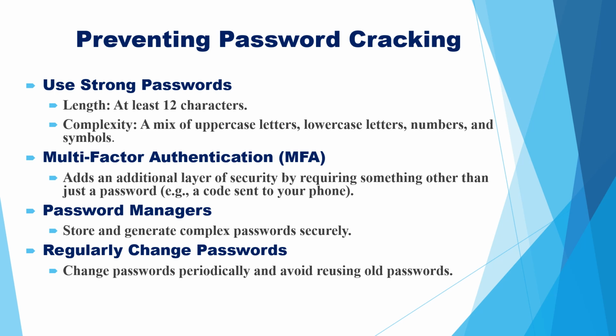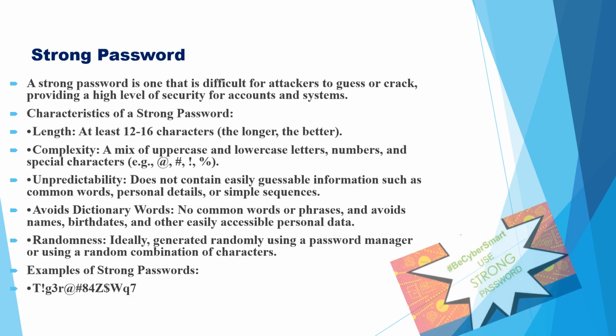The next method is a password manager, in which we store and generate complex passwords securely. The fourth preventive method is to regularly change your password and avoid reusing old passwords. This helps to get rid of password cracking by hackers.